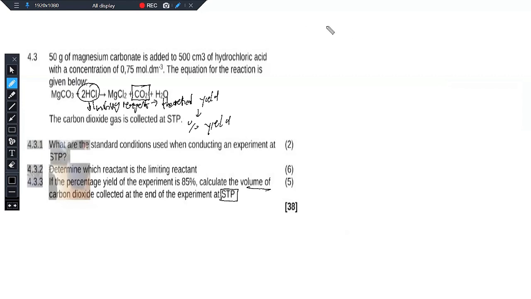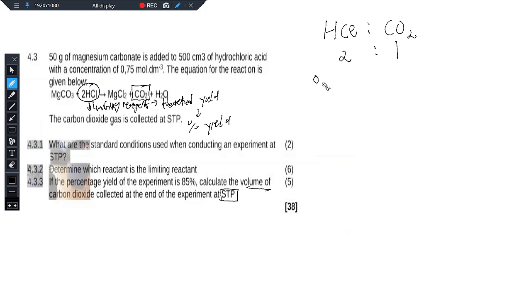So that means now comparing the hydrochloric acid to the carbon dioxide, we will say the ratio is what? 2:1. But then remember, we already have the number of moles of hydrochloric acid available. You have to use the ones that are available.